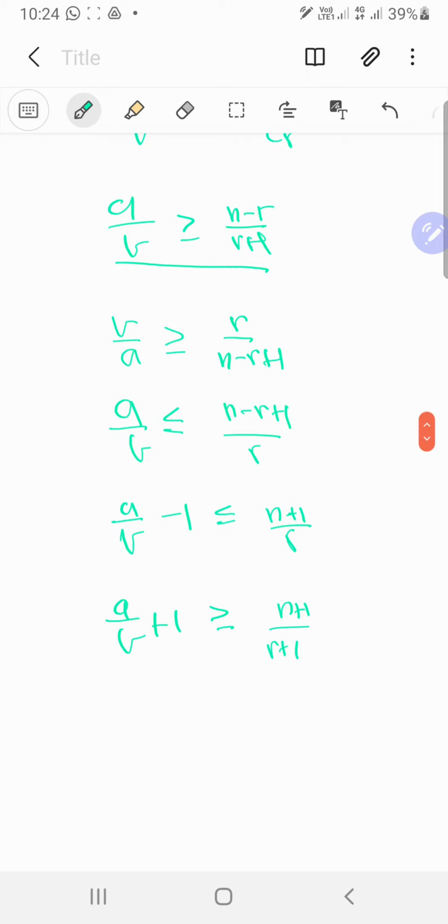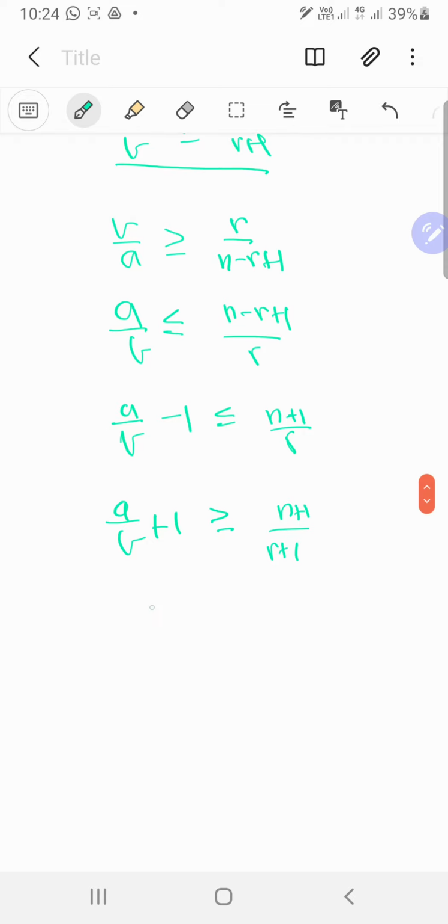Now let's take the reciprocal of both these inequalities. That's going to give me (n+1) upon (r+1) less than or equal to 1 upon this stuff, which is b upon (a+b).